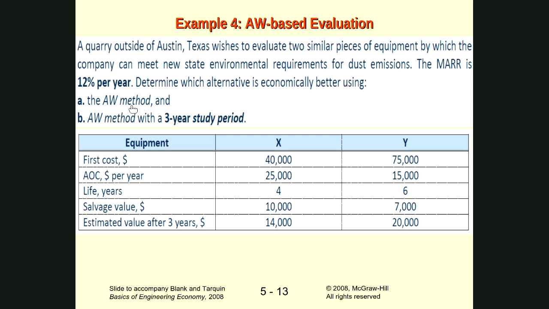But here, what you need to pay attention to in the table are those two values: the salvage value, which is $10,000 for X and 7,000 for Y, and the estimated value after 3 years, 14,000 for X and 20,000 for Y. What is the difference between that and the salvage? And what is the meaning of estimated value after 3 years?